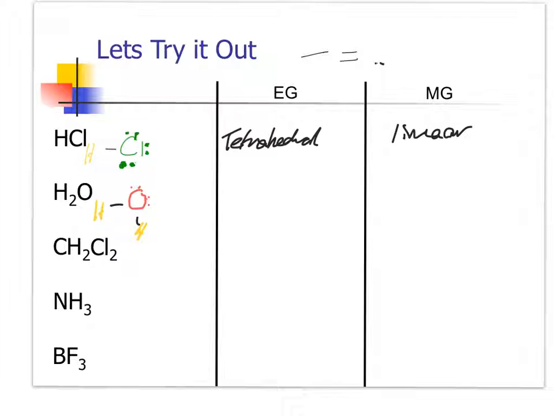I can see again, I have 4 regions around there, because I would have a total of 8 dots around it, and therefore I have tetrahedral.